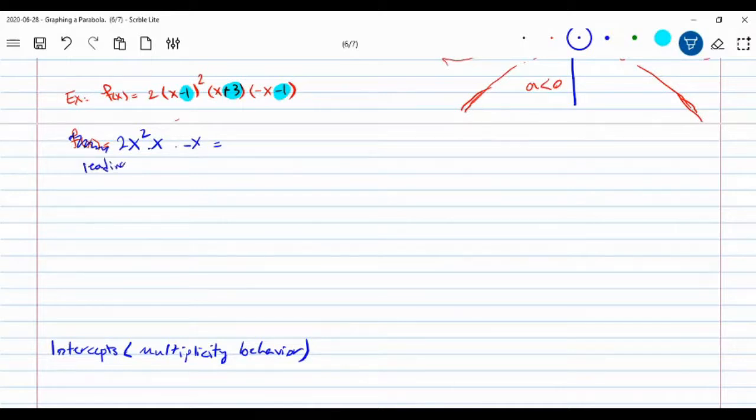Here the largest term was 2x. In the next parentheses the largest term was x, the other one was x again, and the last one was negative x. These are the leading terms in each parentheses. If I multiply all the leading terms, I get the leading term of f. So the leading term is negative 2x to the power 4. This is the leading term. Then what is the end behavior of the polynomial?